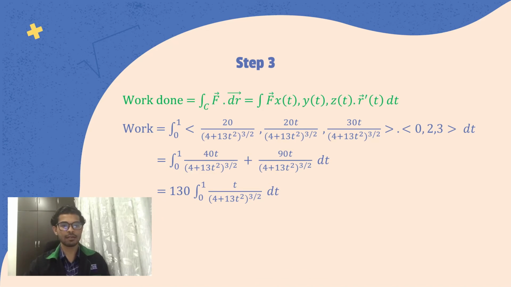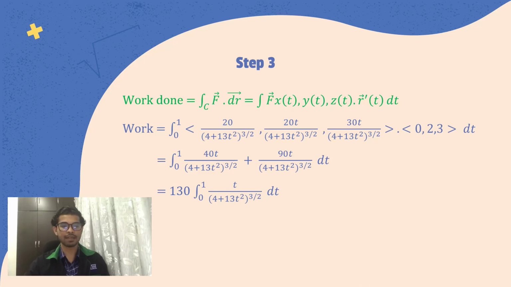Then we solve as usual by dot product. It becomes the integral from 0 to 1 of 40t over (4 plus 13t squared) to the power of 3 over 2 plus 90t over (4 plus 13t squared) to the power of 3 over 2 dt.